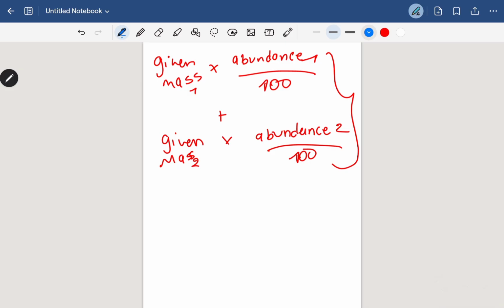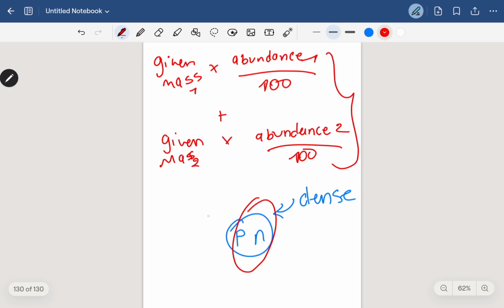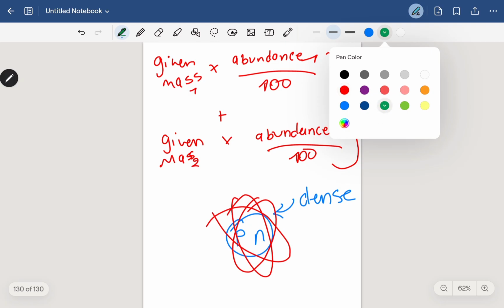So I'm gonna draw a basic structure of the atom. Over here we have the nucleus, and in the nucleus we have protons and neutrons. Now the nucleus is usually really dense. Now surrounding the nucleus, there are many shells, and each of these shells holds the electrons.